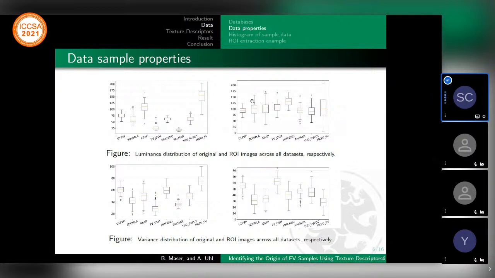This does not apply so much for the ROI images. In the bottom row, we see the variance distributions of the samples, once again on the left for the original samples and on the right for the ROI samples. Here we can observe the same, but to a lesser degree.